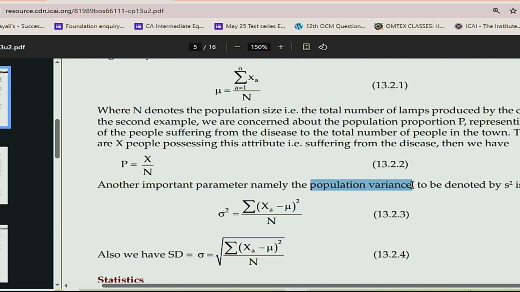Sigma square is equal to summation (x a minus mu) whole square upon N. And standard deviation SD, write down, standard deviation sigma is equal to square root of summation (x a minus mu) whole square upon N. Just write it down right now. You will not understand this now. You will understand this in the next chapter.